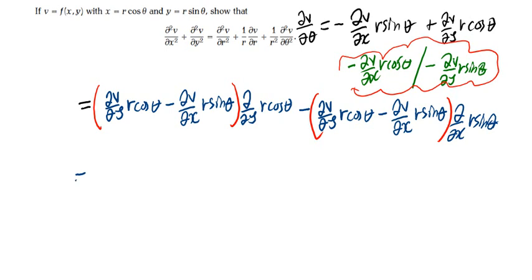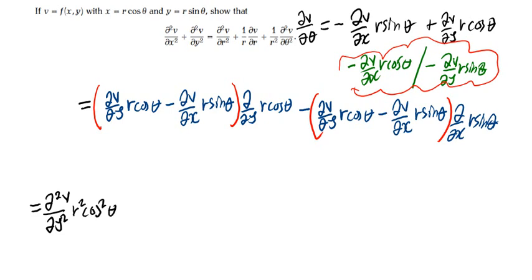So what follows now is one of the final steps. You just have to distribute this one inside the brackets as well as this one inside those brackets there. Multiplying this one by this one, this is just going to be second partial of v with respect to y, like that. Then your r cos theta by r cos theta, that's going to be r squared cos squared theta.